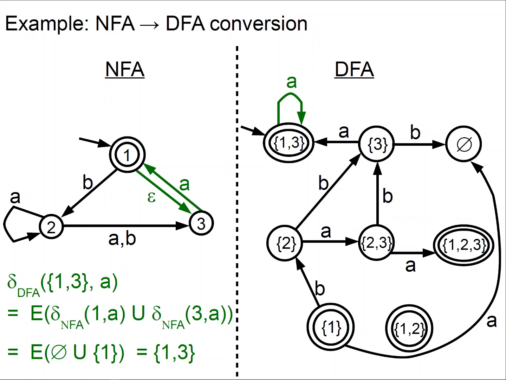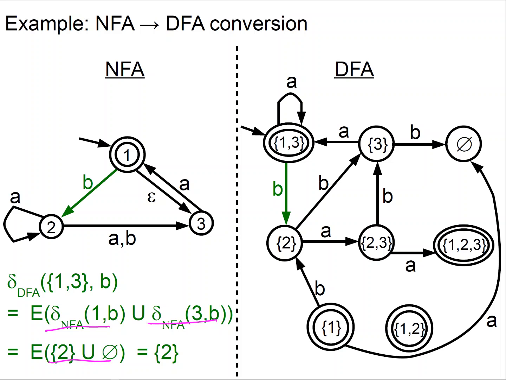Okay, from {1, 3}, reading an A, you would cycle back to {1, 3}. What happens if you read a B? If you read a B, you will take delta NFA 1B, delta NFA 3B. That's the set containing 2, union the empty set.